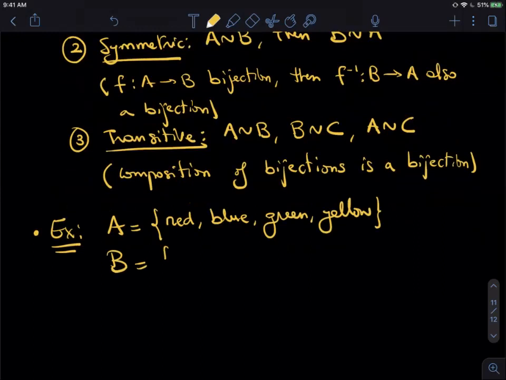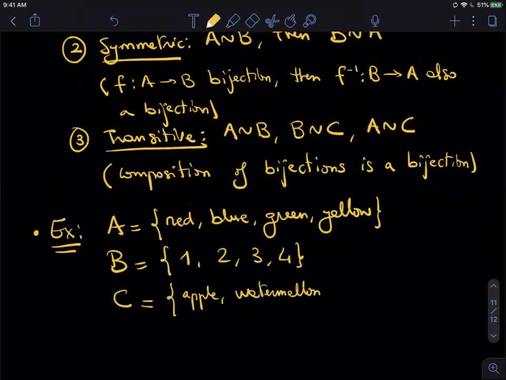The set of numbers 1, 2, 3, 4, and a set of fruits that has apple, watermelon, and orange.